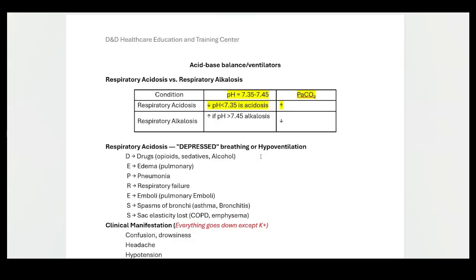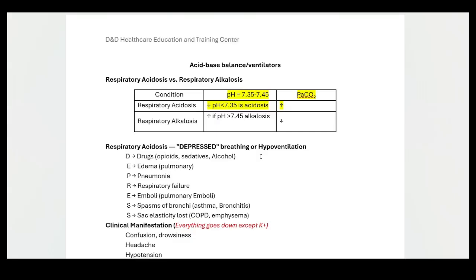And so most of the respiratory problems that you're going to be seeing are going to be ventilation problems. So anytime you have a problem with breathing out the carbon dioxide, you are creating a condition that will drive the pH down. The normal pH of the body is going to be 7.35 to 7.45.